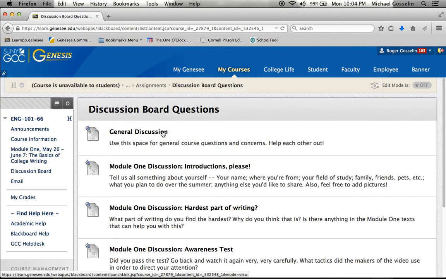General discussion is going to be an open discussion board all semester. You can use it to post any questions you have or concerns about the course. I will certainly read these too, but I also encourage everybody to please go on here and respond to other students. And if a student has a question, help them out if they're not sure about something that you feel good about, and vice versa.